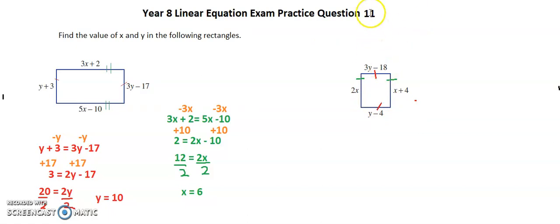So based on that, I'm going to start off with my width of 2x is equal to this x plus 4. Well, the first thing I need to do here is I need my variables on one side. So I'm just going to take x from both sides. If I take x from both sides, that literally just leaves me with 2x minus x is x, and that is equal to 4.